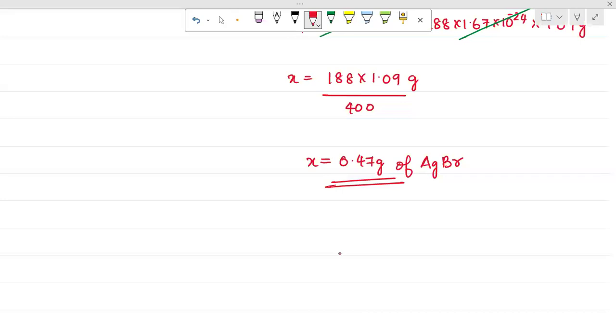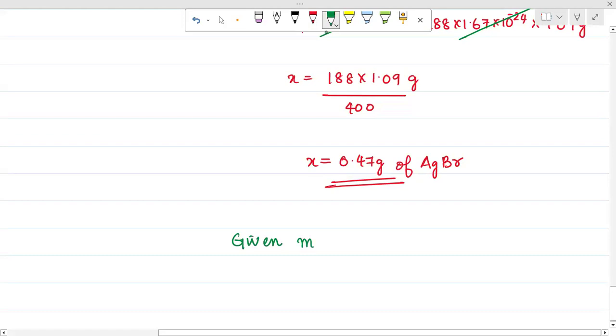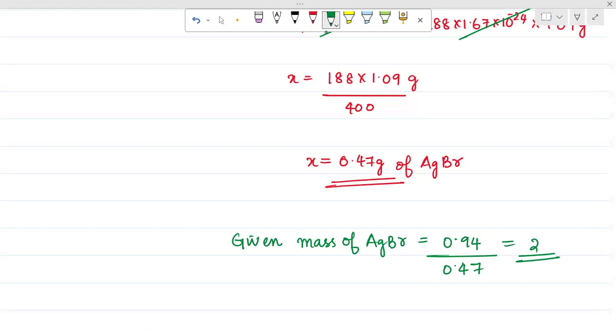But in the question, it is given that the mass of precipitate was 0.94. So 0.94 by 0.47 is 2, meaning you are getting 2 moles from a single complex. Are you understanding the point?